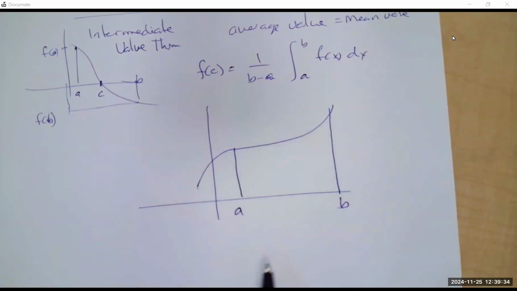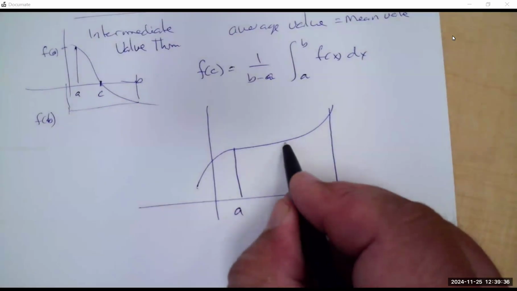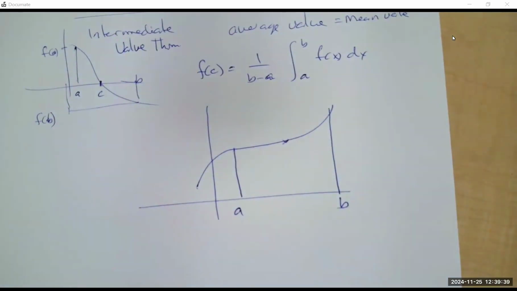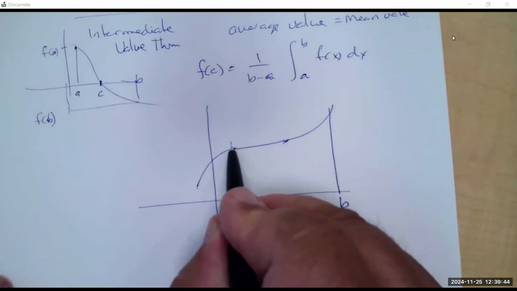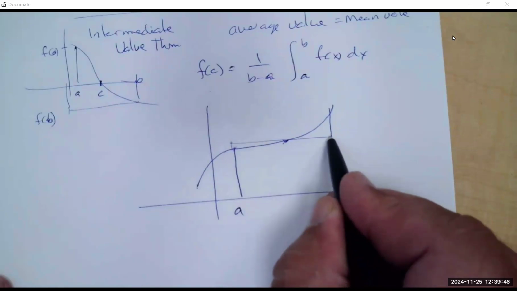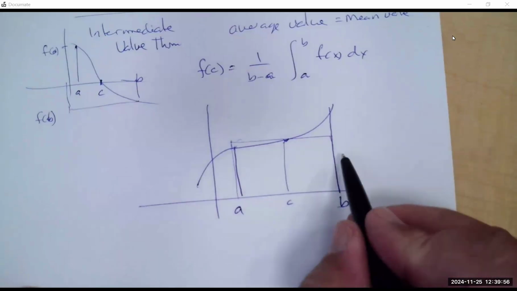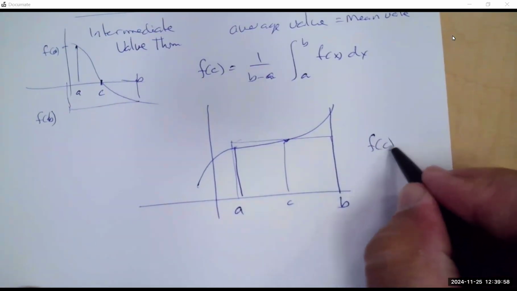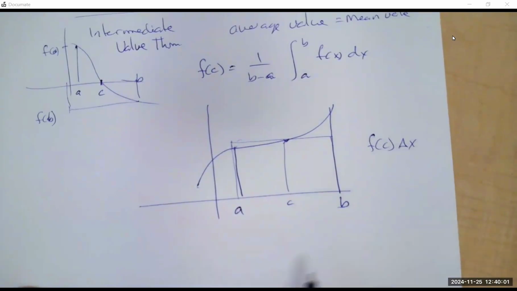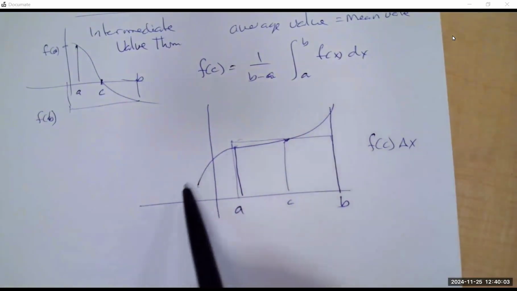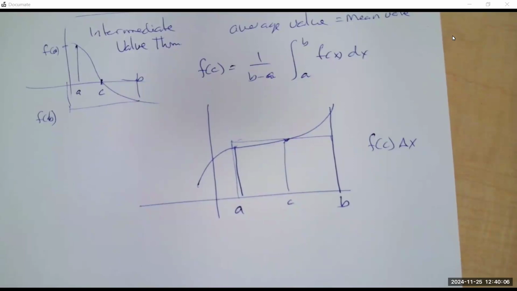So instead of finding the area under a curve like this, I could find the average value, the middle number, where I can take that area, call it number C, and that's going to be my f of C times delta x. And it's going to give me the same area as using the Riemann sums or the integrals.